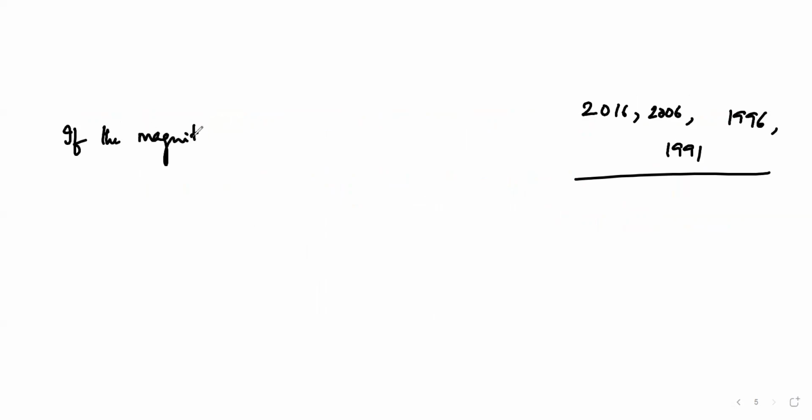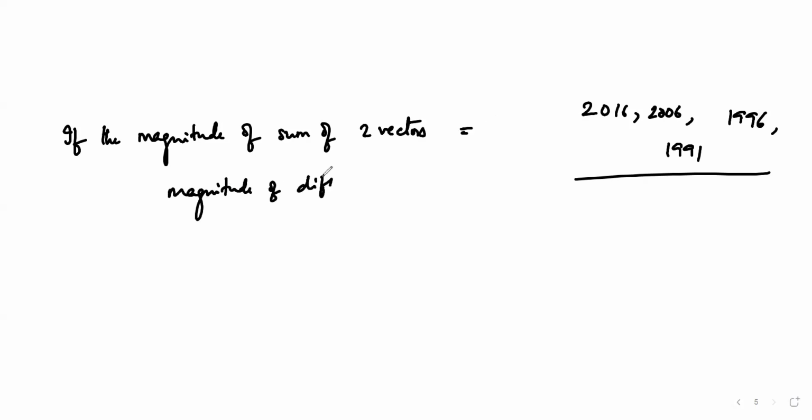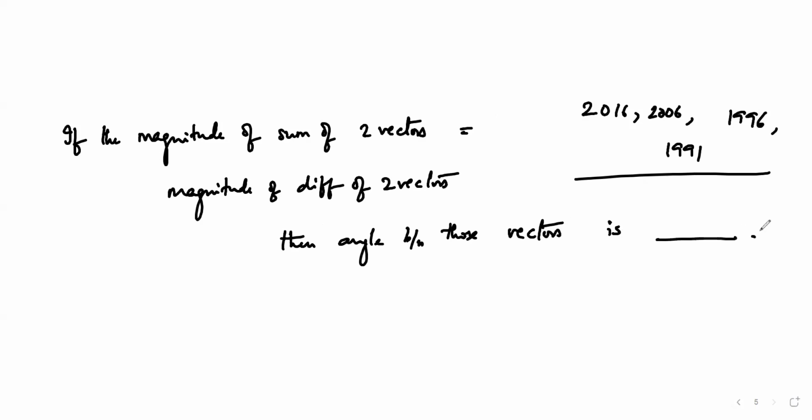If the magnitude of sum of two vectors is equals to magnitude of difference of two vectors, then angle between those two vectors is equals to dash 90 degrees. Simple, sir.